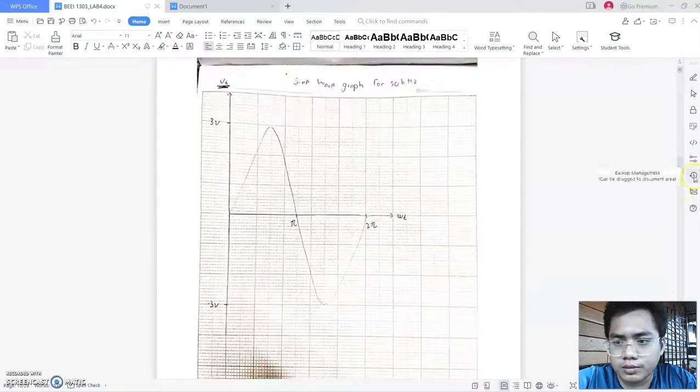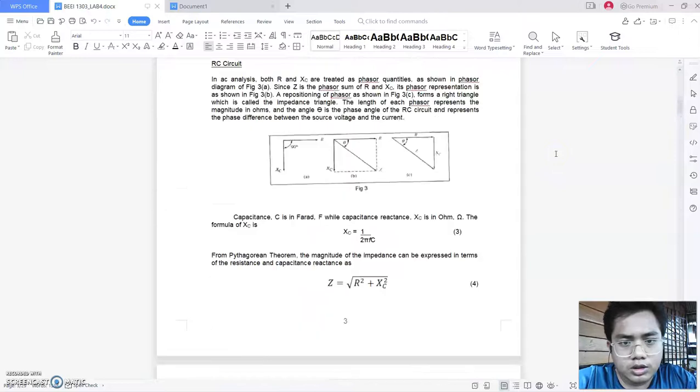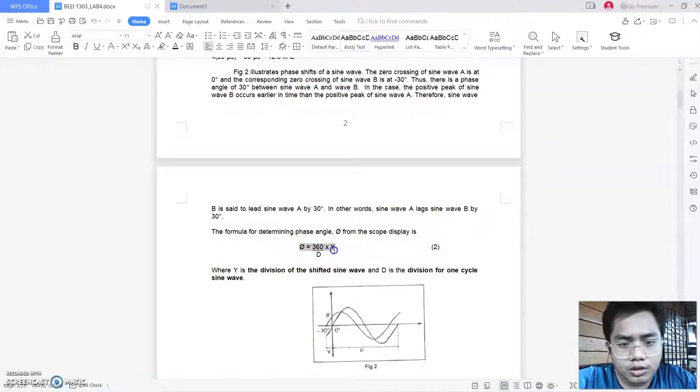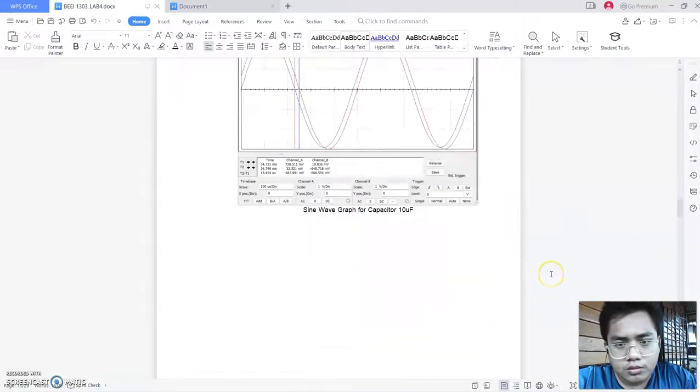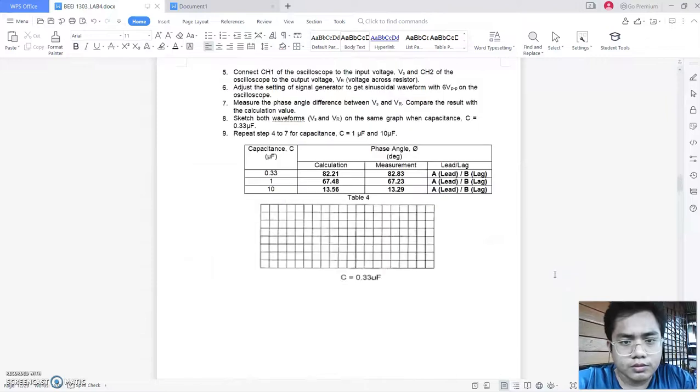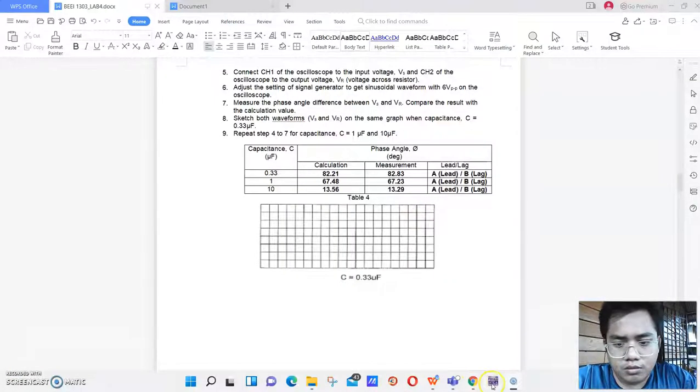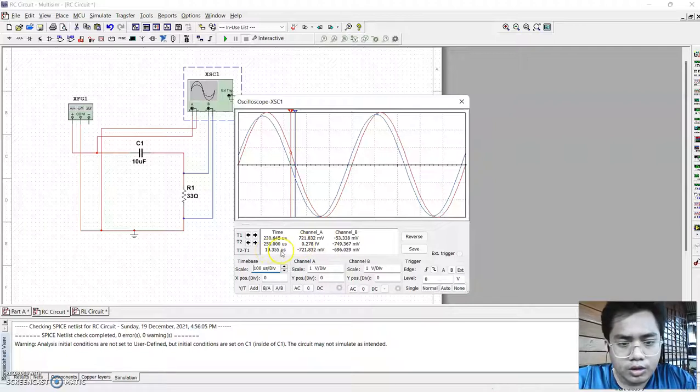Then we will use this equation to get the phase angle: 360 divided by D, times Y. This is the Y, which is 19.355 microsecond, and for the D we have to count the divisions for one cycle: 1, 2, 3, 4, 5.